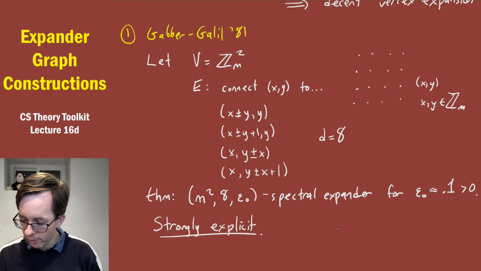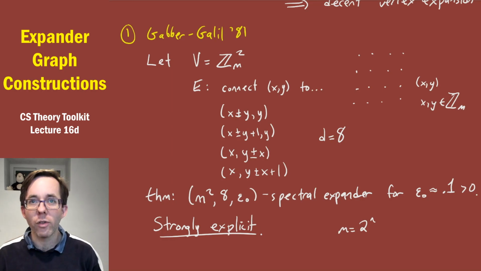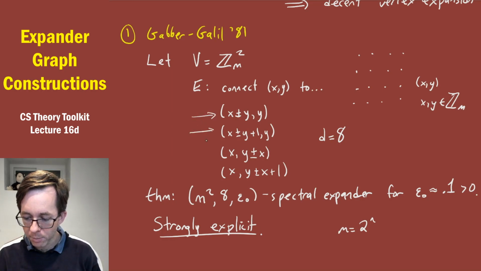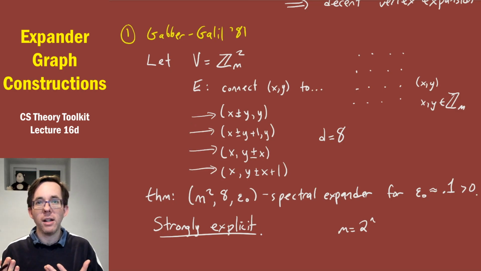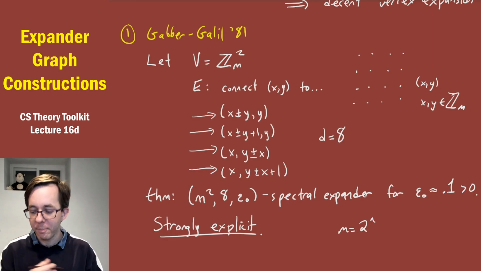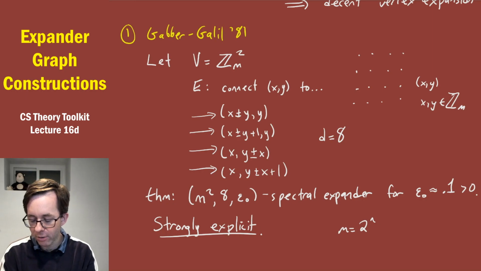If m is, let's say, 2^n, these vertices are just named by pairs of n-bit strings. And if I give you a particular pair of n-bit strings, it's super easy to compute the 8 neighbors. You can do that in linear time, order n time. It's just some addition. So these are brilliant, strongly explicit graphs.